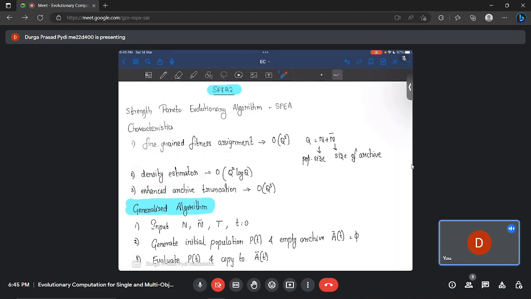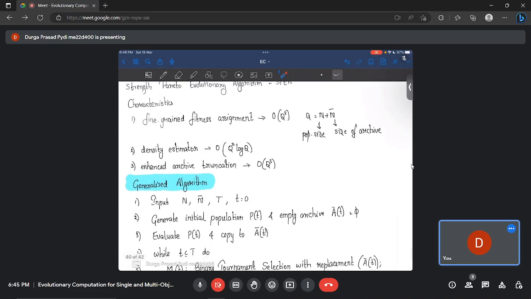This is equivalent to the distance. You will understand why it is called fine-grained when you see the method. And also this term, strength Pareto: the way you assign the fitness will give you the name of that. We will see that.